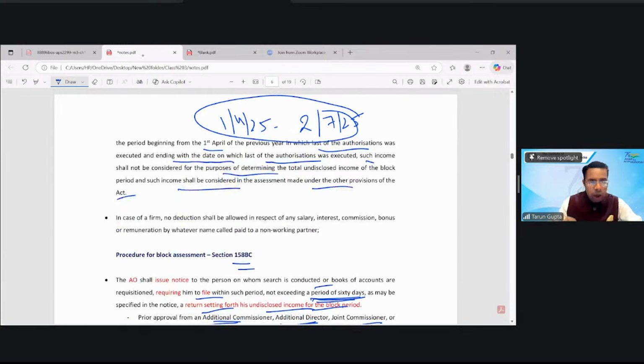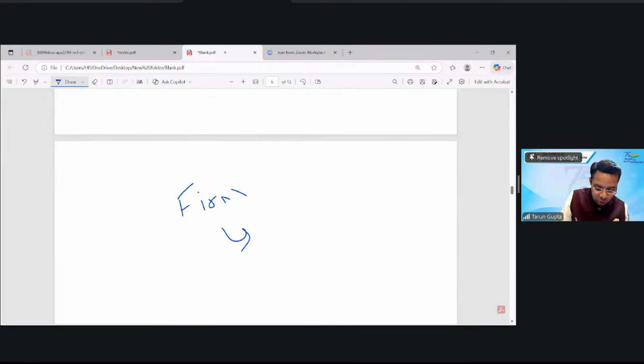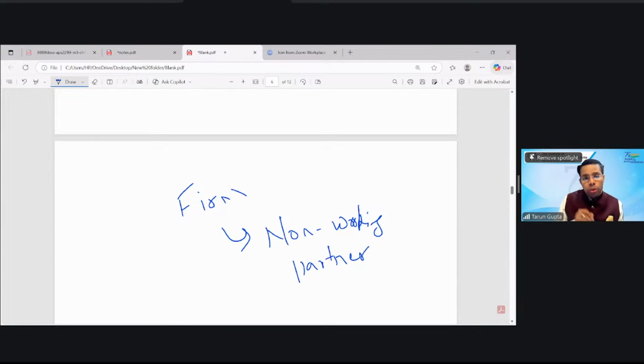Okay. Small point. In case of a firm, it says while computing undisclosed income, no deduction shall be allowed in respect of any amount paid to a non-working partner. If this happens in the case of a partnership firm, and the firm is paying anything to the non-working partner, such amount shall not be allowed while computing the undisclosed income.